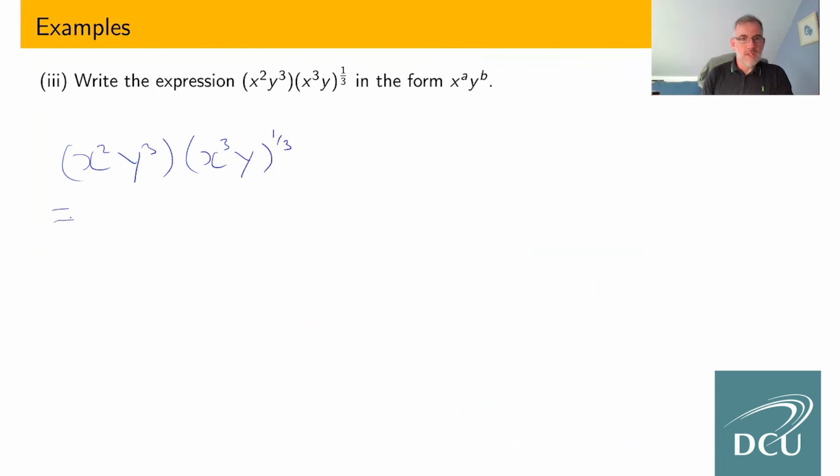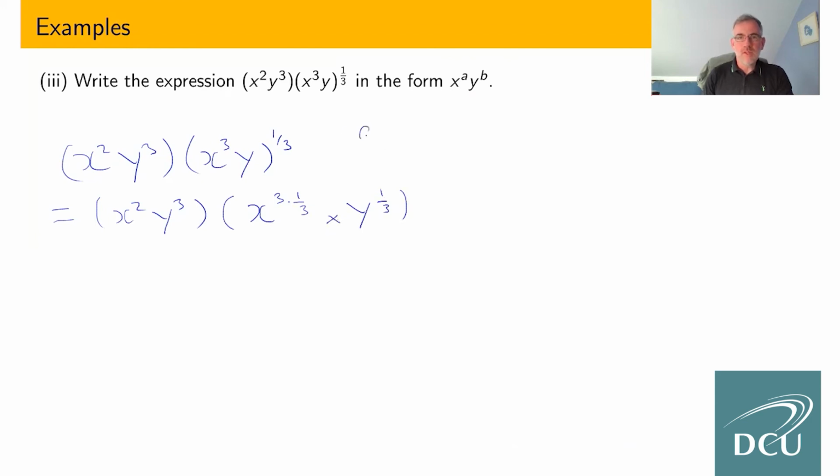Okay, so the first thing that we'll do here is just sort out the second factor, the second part of this expression. And the way that powers of powers work is, well, we'll have x cubed to the power of 1/3 multiplied by y to the power of 1/3.